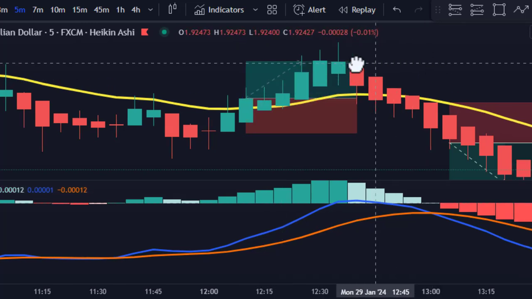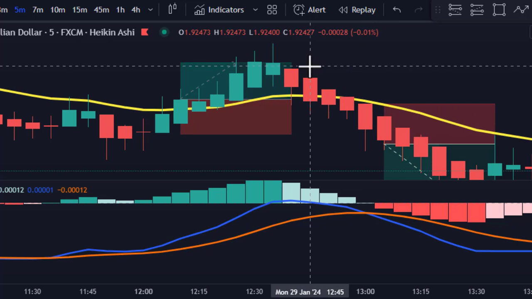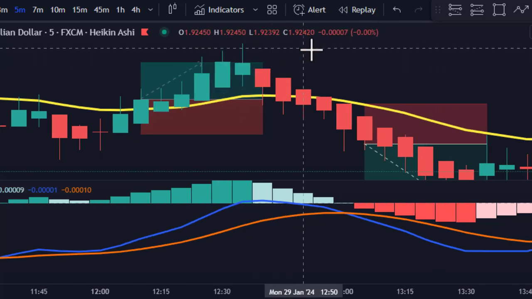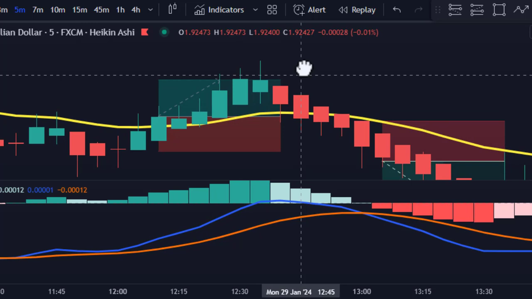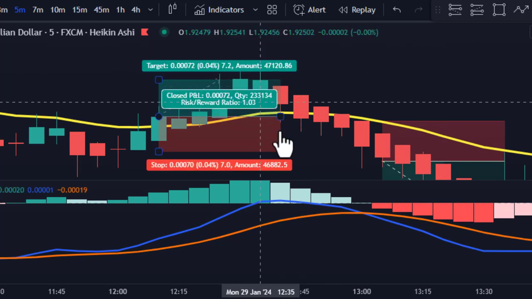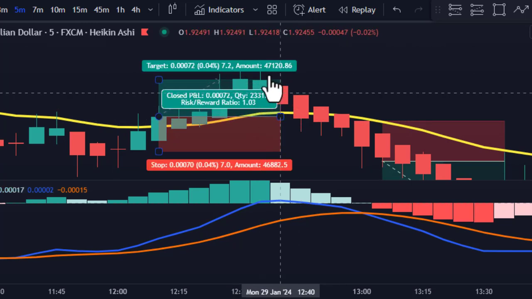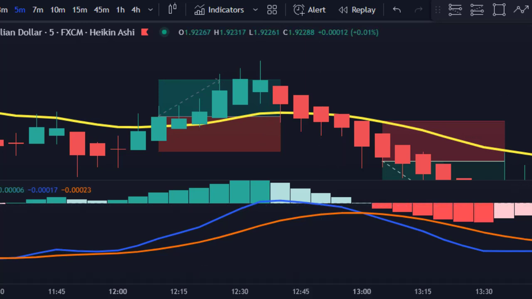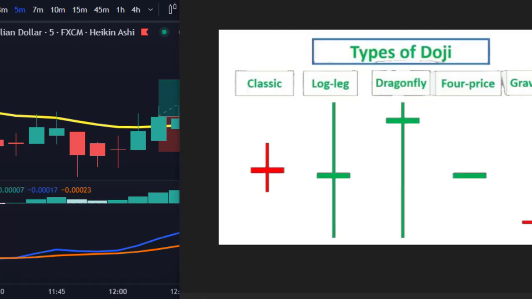And then look at this one, guys. Just mentioning the doji candles to you. Again, long leg, very similar to this, isn't it? So you guys see this one, long leg.